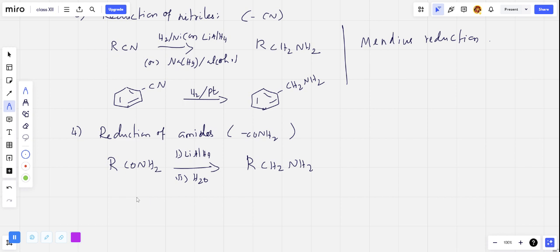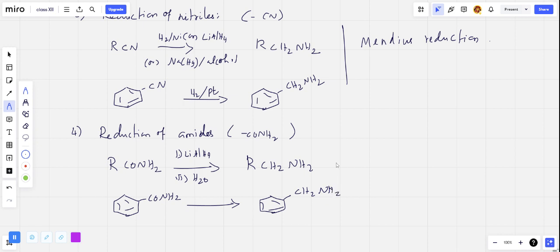All reduction now. Okay. So if you are taking aryl CONH2, again the same condition, so we will get aryl CH2NH2, right?